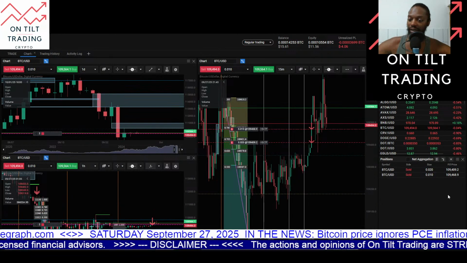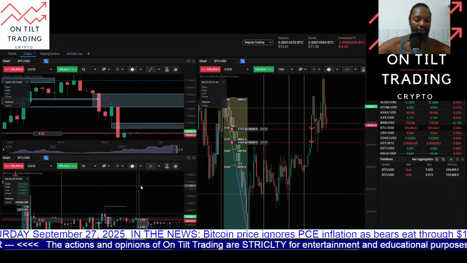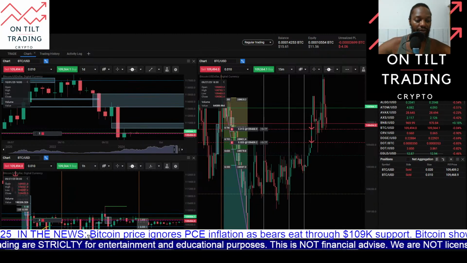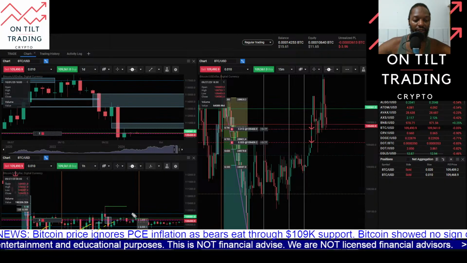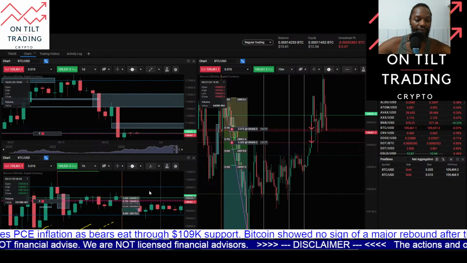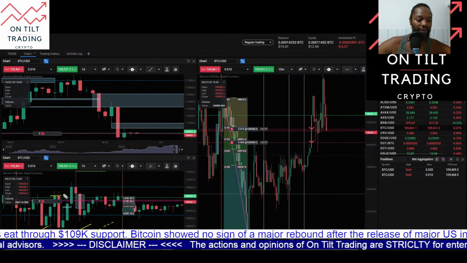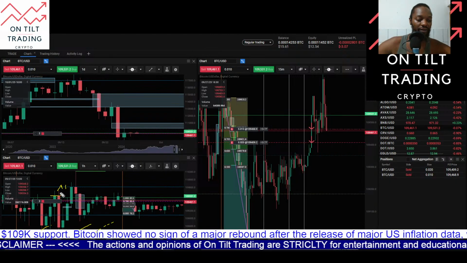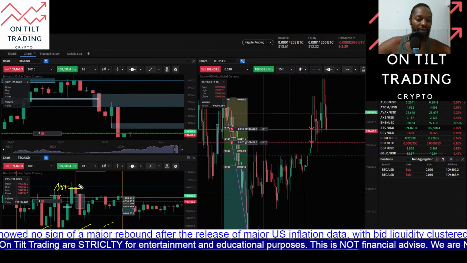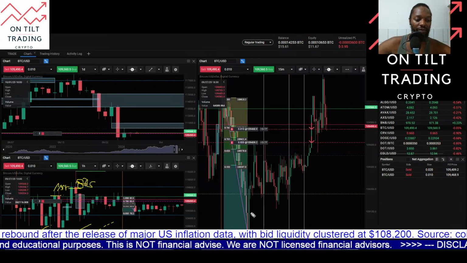So yesterday my bias was incorrect, and I was trying to trade this long. I was taking longs in this area here, but you can see price never, even though there's a market structure shift here. And here, there's a break of structure, making a mess here.